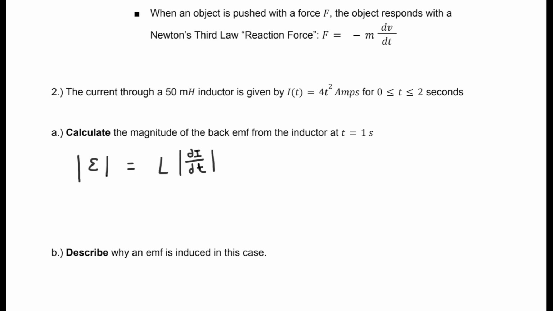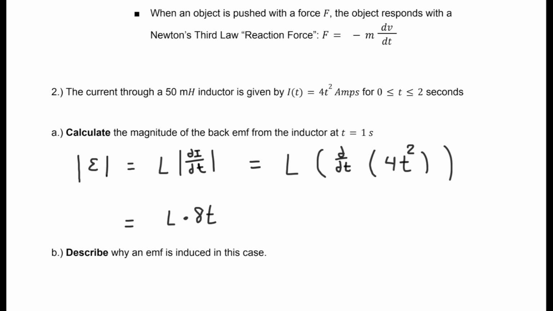So we're just going to take a derivative of the rate of current change. And there's nothing happening here with signs, so I'm just going to get rid of the absolute value on the derivative. So we're taking the derivative with respect to time of 4 times t squared. And then working that out, we get L times just 8t, doing the power rule.